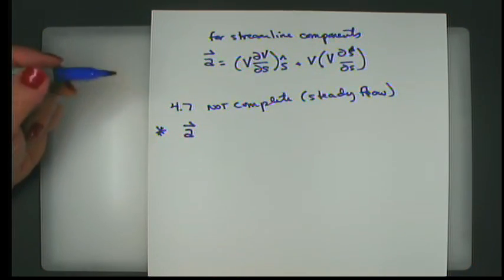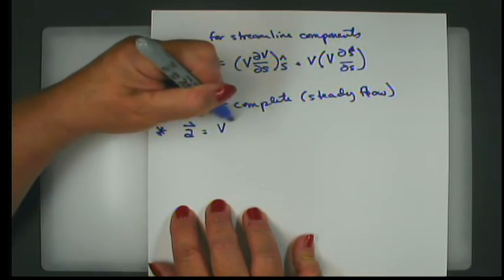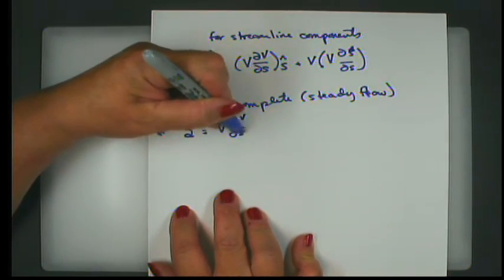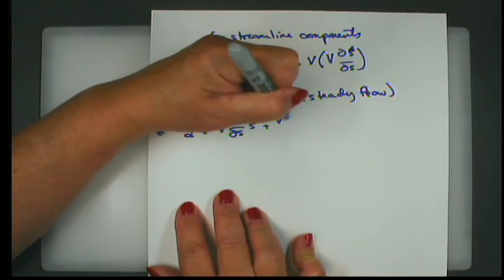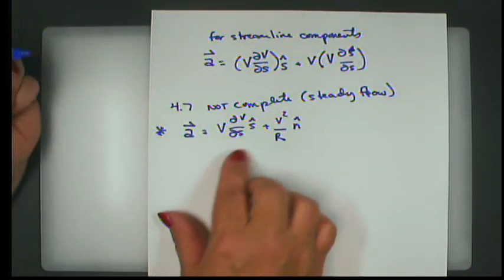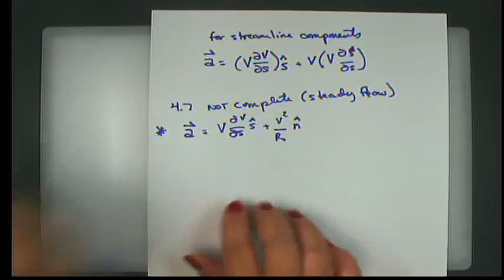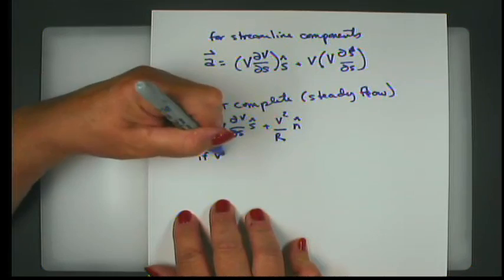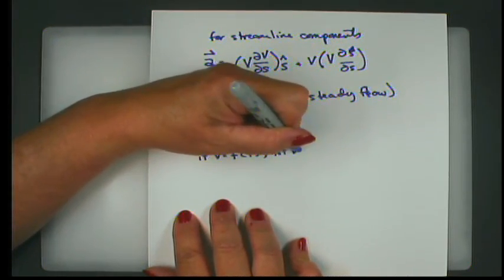So they write that A is equal to V dV ds S cap plus V squared over R times N cap. All right, so this does not break out any unsteady effects or any time effects. So if in fact V is a function of time, this equation is not valid.